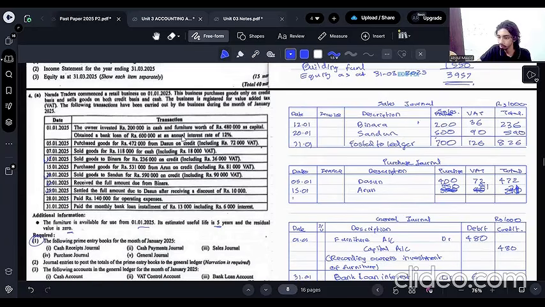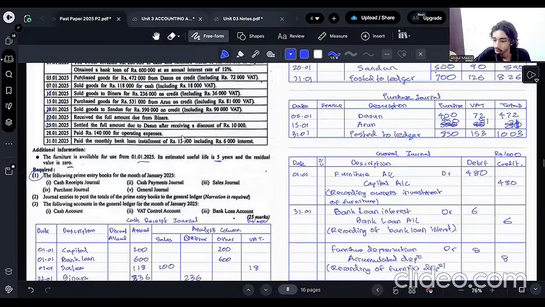Then next, here 31st of January, posted to ledger, 400 plus 450, that is 850. The VAT will be 72 plus 81, that is 153. And the total will be 472 plus 531, 1003. Okay.